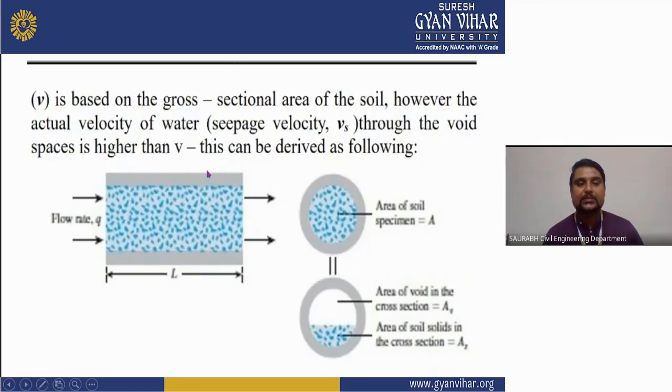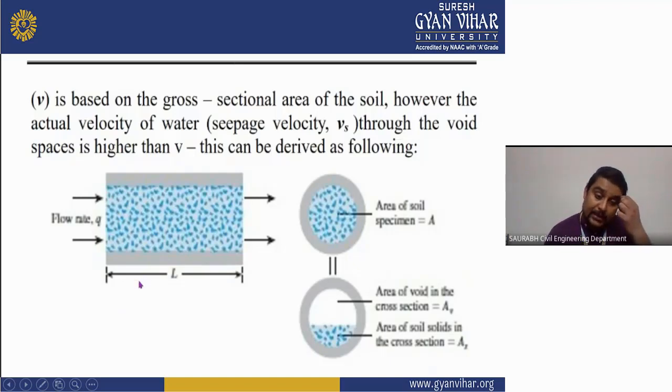As you can see, that is your soil sample and that is your flow rate, and we have to calculate the flow rate from this side to this side. And how will it be calculated? It will be calculated in the soil. As we all know, speed is distance upon time.